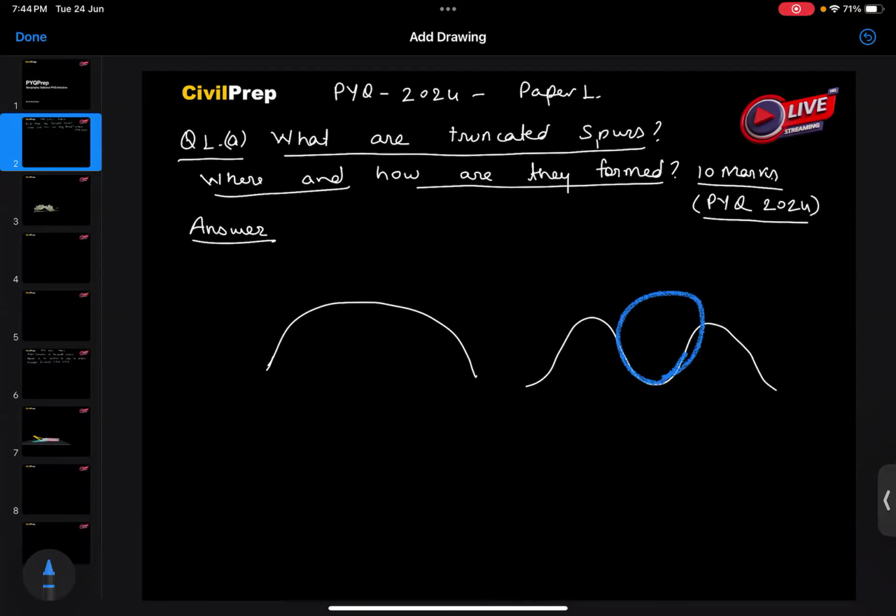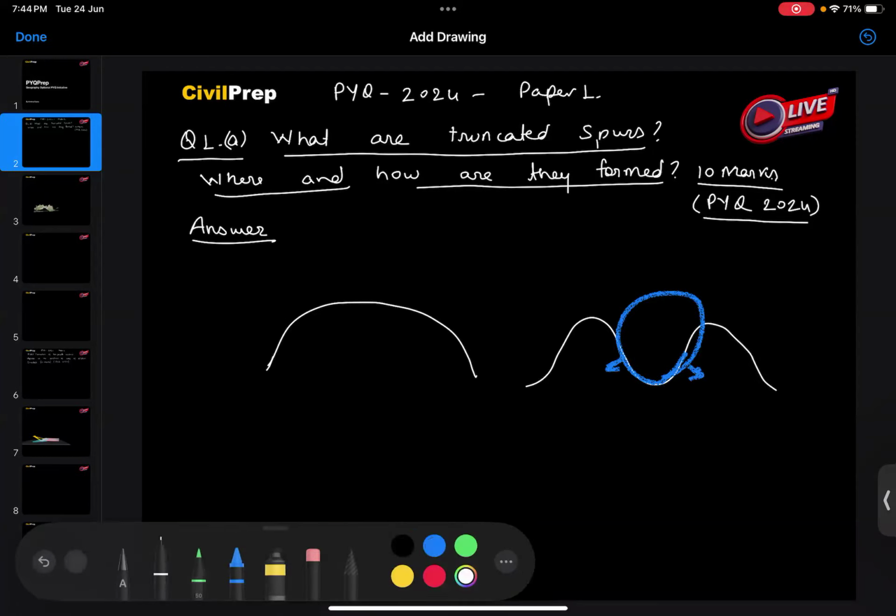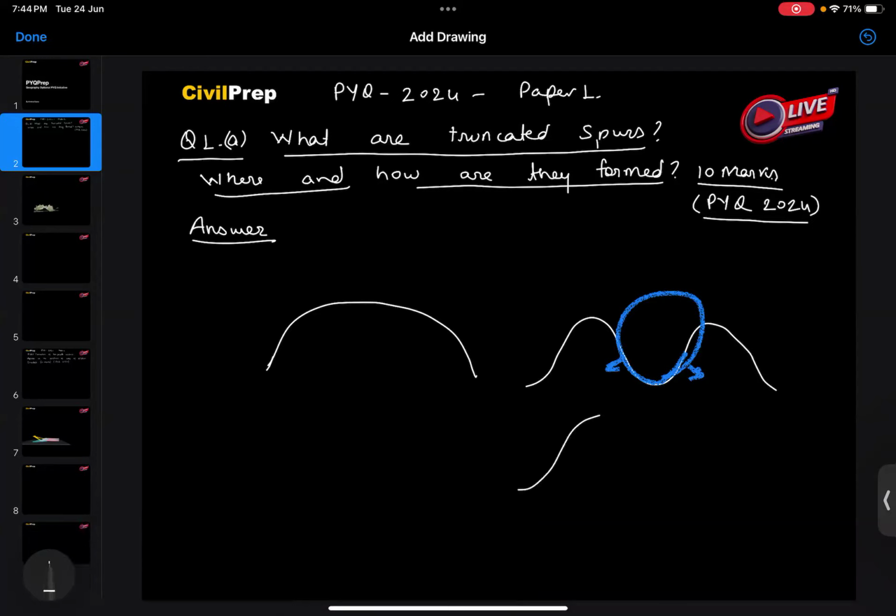The glacier will form and slowly erode this valley, but after a certain period of time, the valley will have this structure.